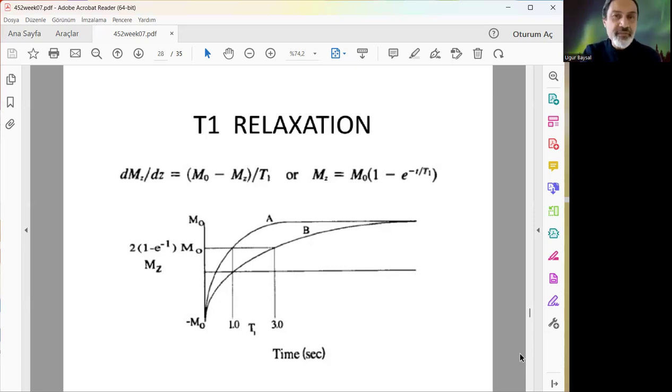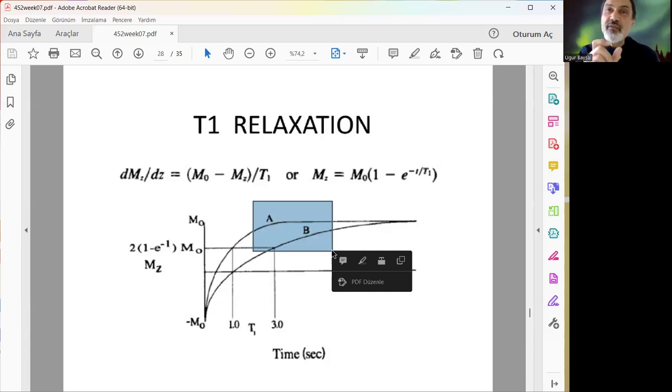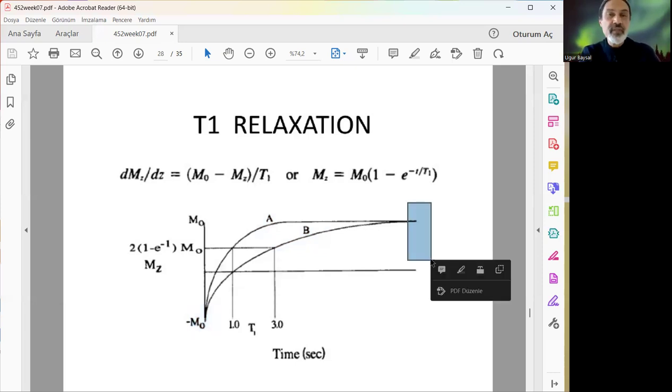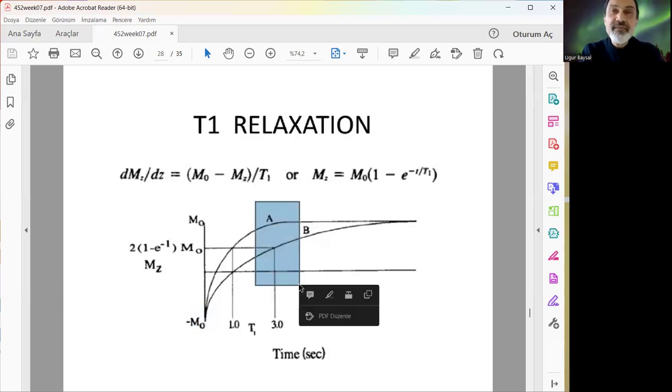If tissues are different, of course, their T1 relaxations are different. So that means tissue A has a lower T1 constant, meaning that our M vector returns to the original condition faster than tissue B. So their signal strengths are the same at the initial condition, almost the same at the final condition, but at some intermediate time instance, their signal strengths are quite different.